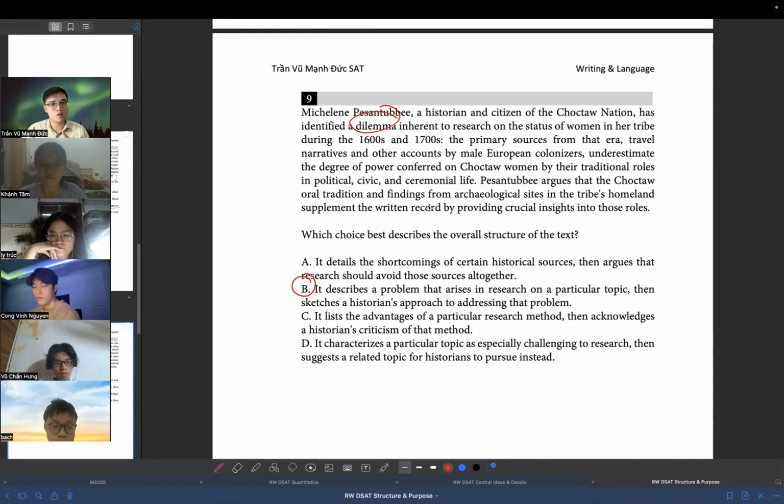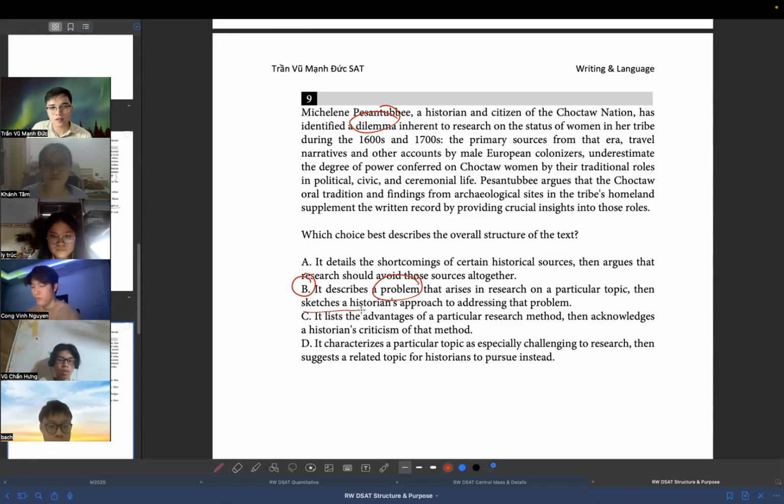This word will appear a lot in scientific contexts. It means that you have yet to decide whether this one is true or not. That is a dilemma inherent to research. So a dilemma is basically a problem where you have to choose between two or more options. Research on the status of women in the tribe: tribal narratives underestimate.